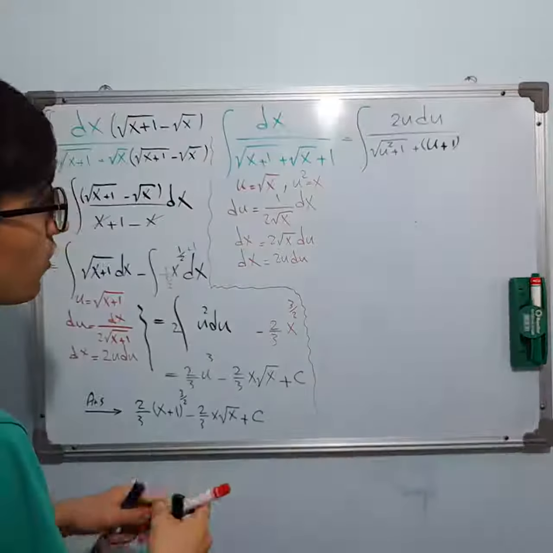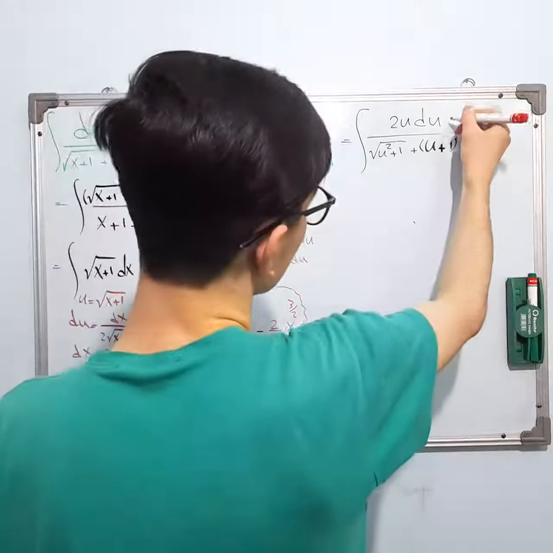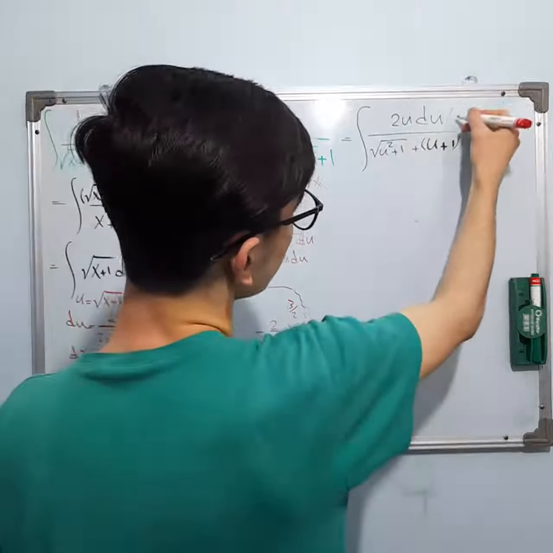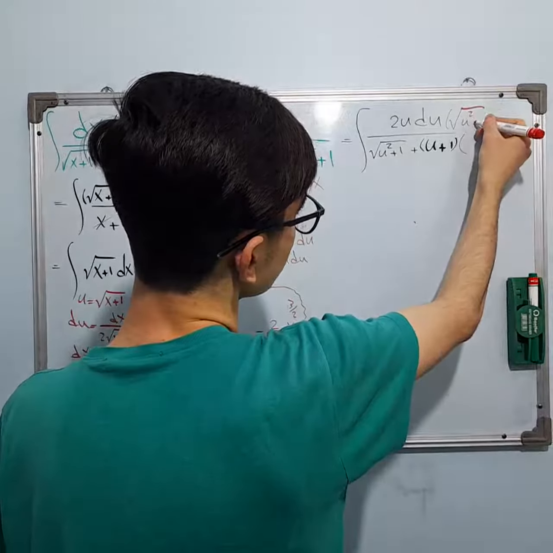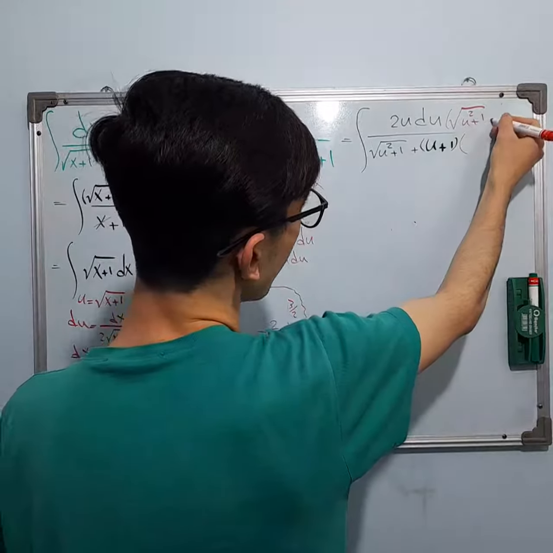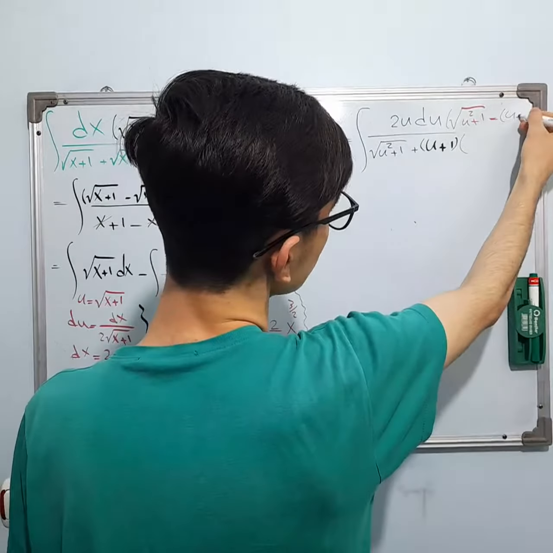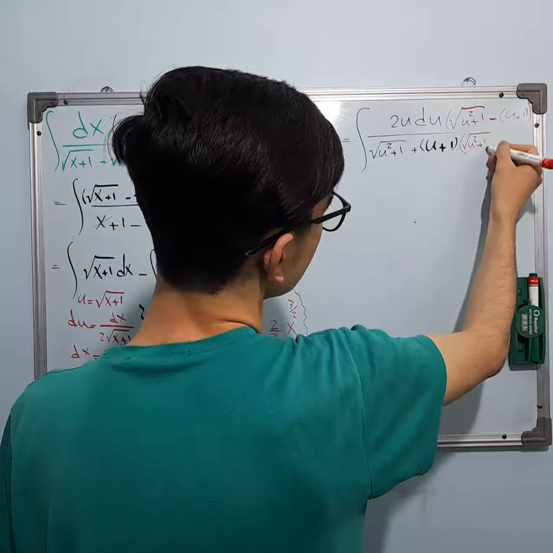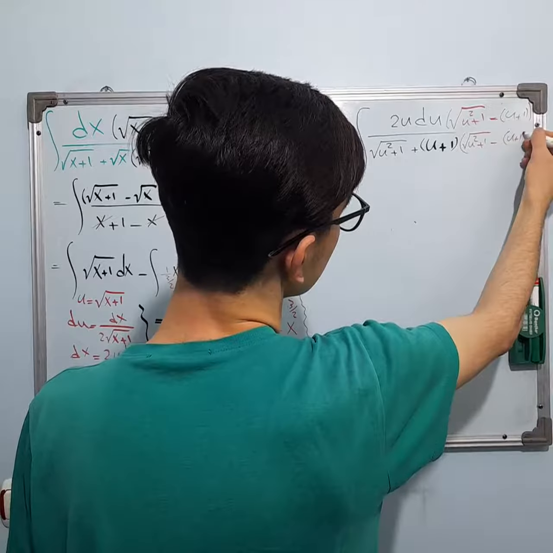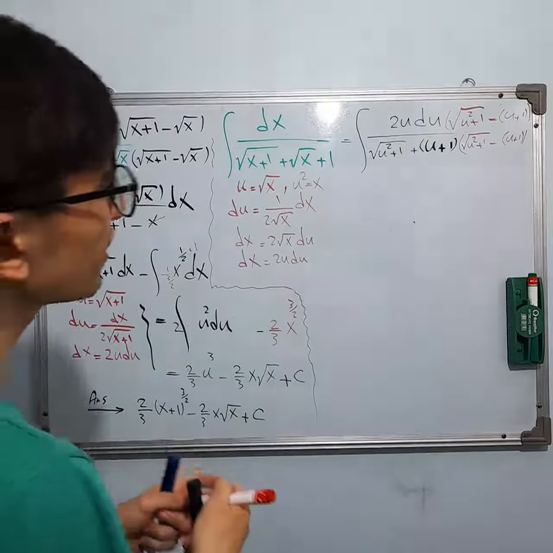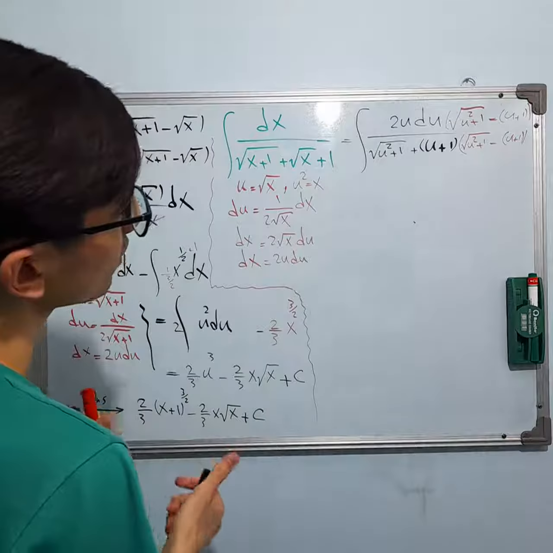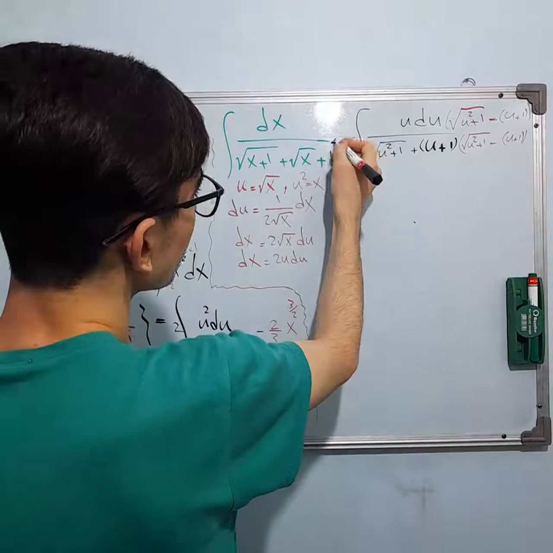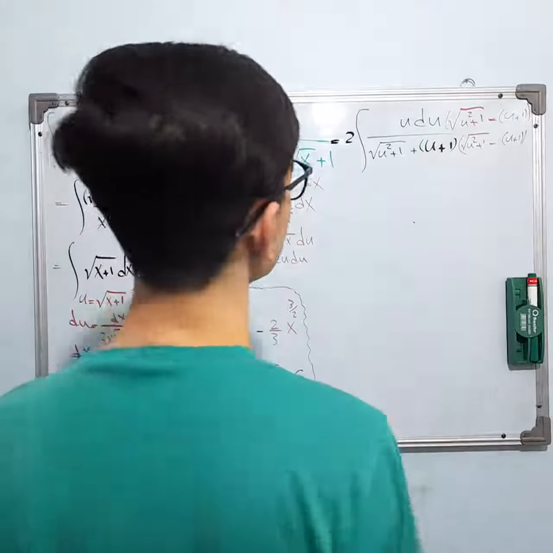So now we just need to multiply the top and bottom by square root of u squared plus 1 minus (u plus 1), and the same here. But before continuing, let me bring 2 behind the integral, because I like it like this.